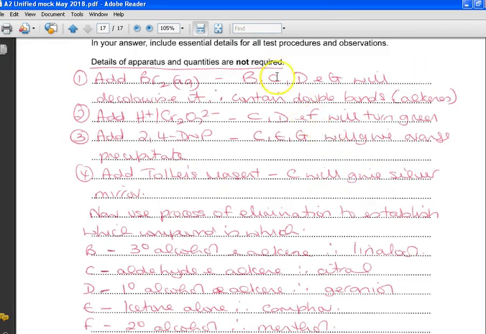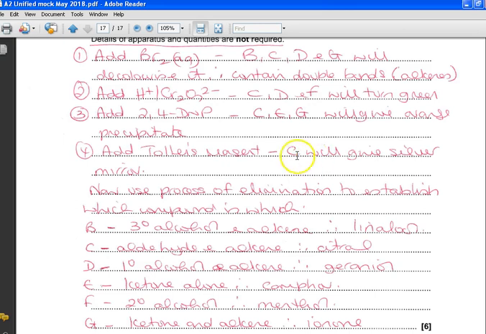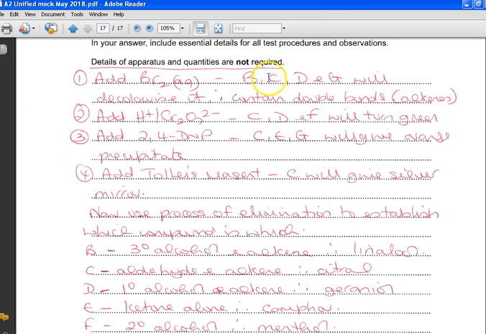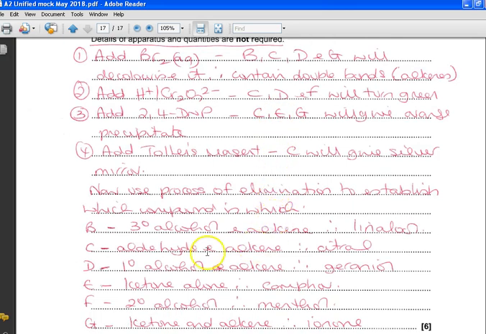So you've got information here now that should enable you, by process of elimination, to work out which one is which. The most obvious one is C, because that's cropped up a few times. That is an aldehyde and an alkene, because it responded to bromine and it responded to 2,4-DNP, so that must be the citral.